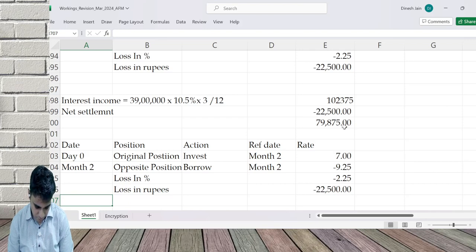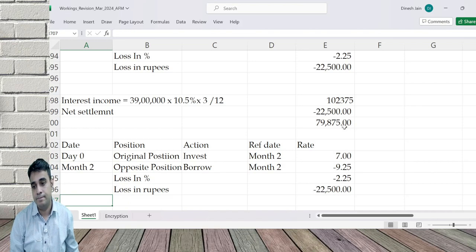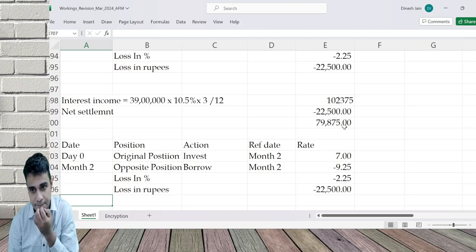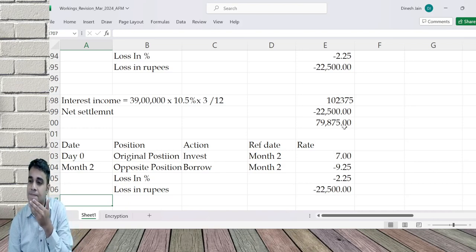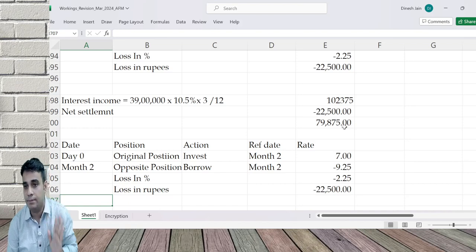Try that rework part. Understand very clearly that actual interest will be based on the actual interest rate only, and there will be a net settlement.